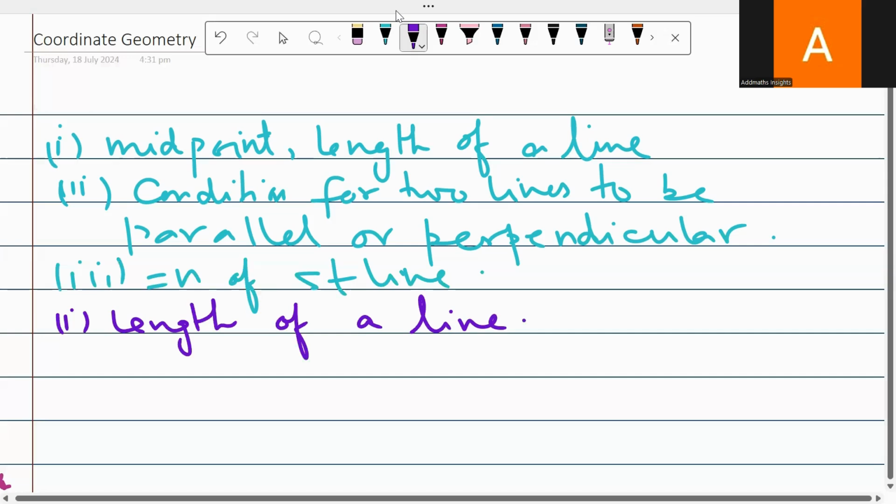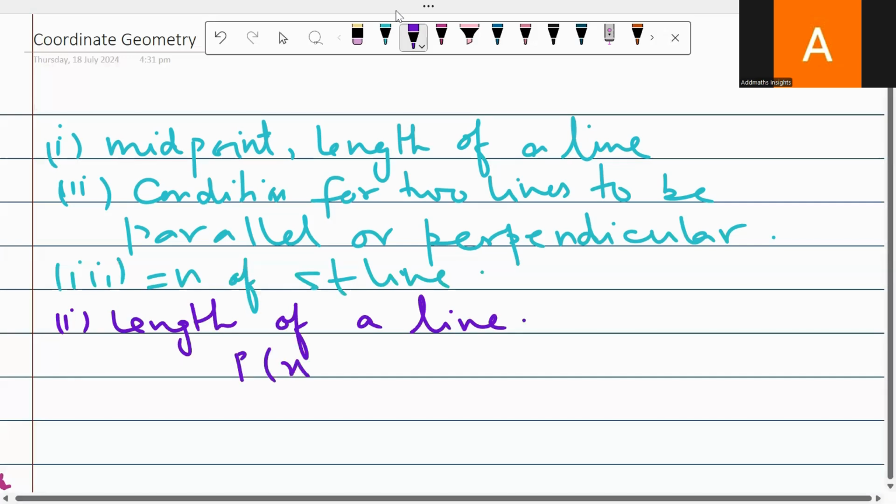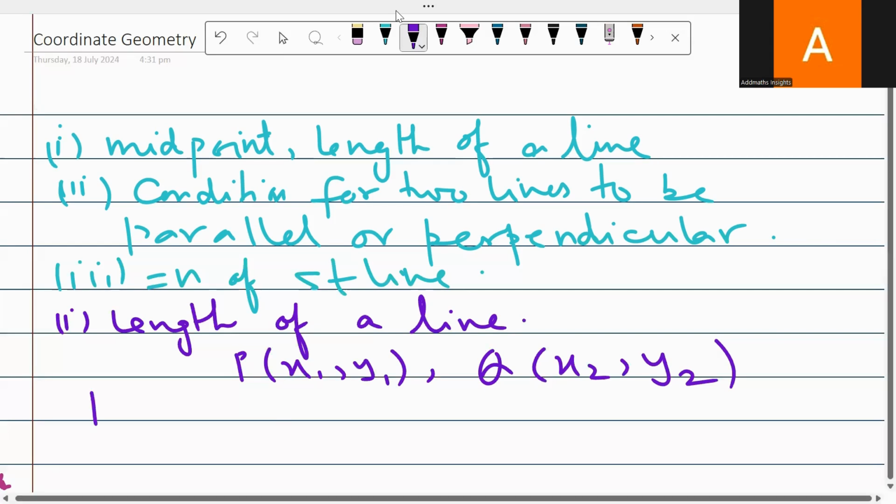If you are given 2 points P and Q with coordinates x1 and y1, and second with coordinates x2 and y2, and you have to find the length of the line joining these 2 points PQ, you use this formula for the distance between these 2 points.